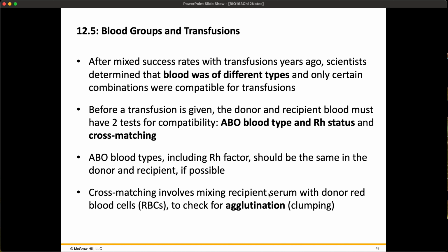So they'll take a little bit of the serum from whoever is supposed to be receiving this blood, that has their antibodies in it. Antibodies are proteins. They'll mix that with the red blood cells of whoever's donating the blood. And if it clumps, then they know, oh no, this is not a good match. It's a quick way to check before you actually do a full transfusion.